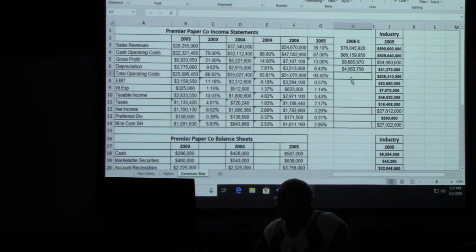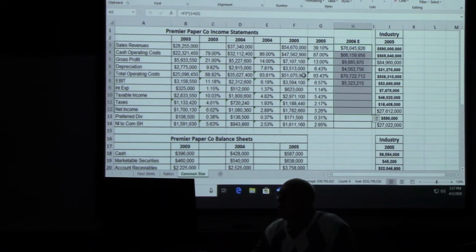So we've got cash operating costs plus depreciation is that, and then our EBIT is equal to our sales minus our total operating costs, and so we have 5.23. Let's go ahead and box all that up there. Bada bing, bada bum, bada boom.